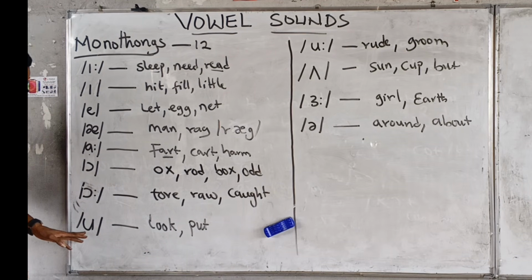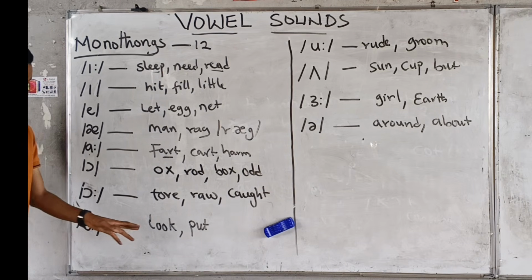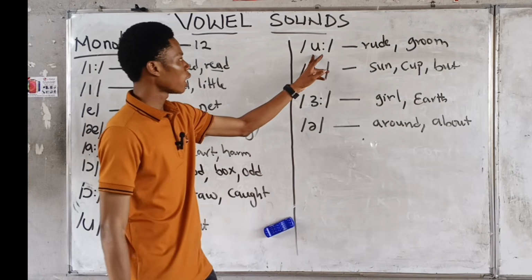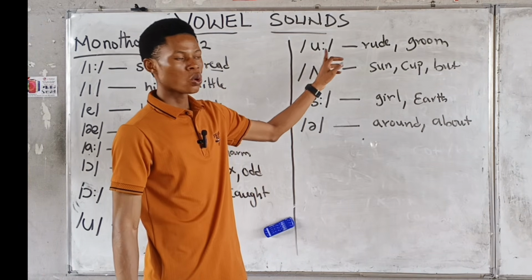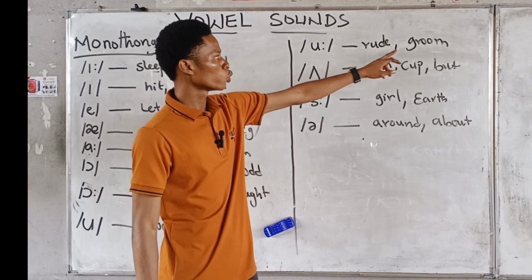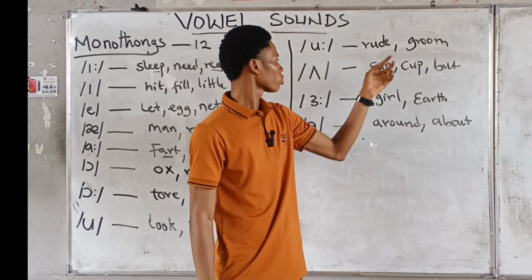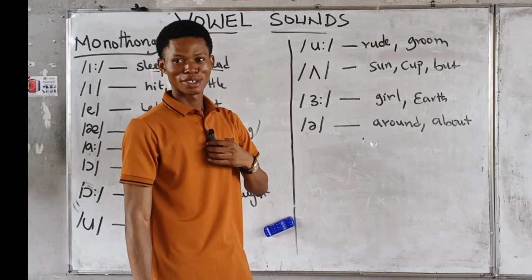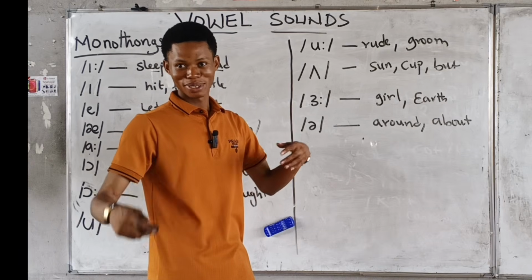Who, right? There's no short who. It's already short. So who, like look, put. All right. Now this is what? Who, as in rude, broom. Give me another one. Room.